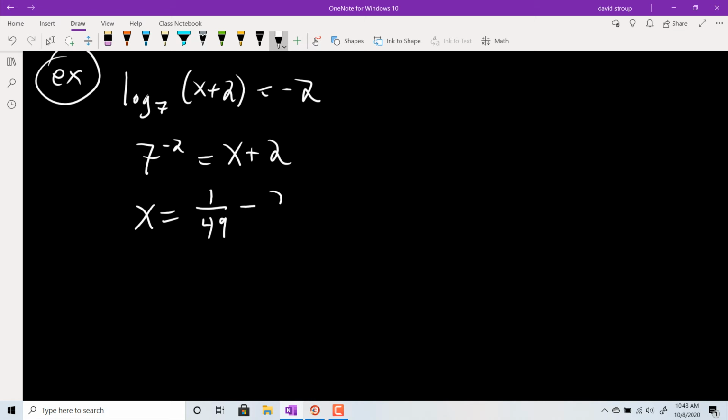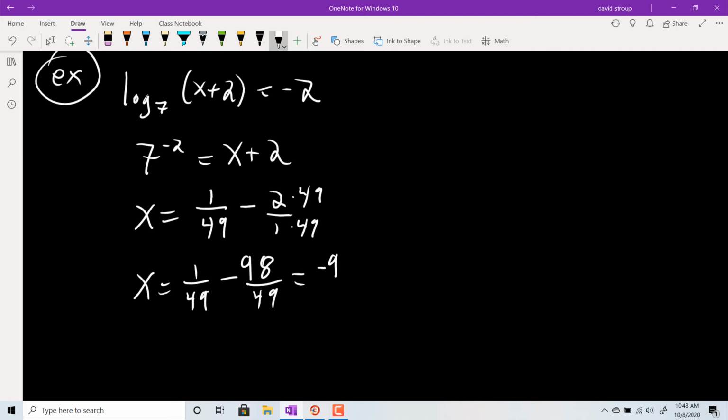And then minus that 2. Rewrite 2 as 2 over 1. I need a common denominator, so I'll multiply top and bottom by 49. It's 98 over 49. And that'll equal negative 97 over 49.